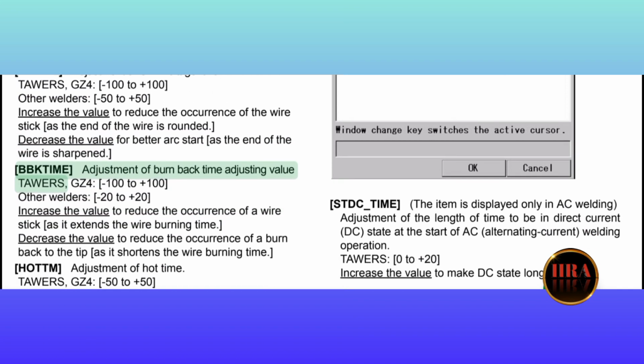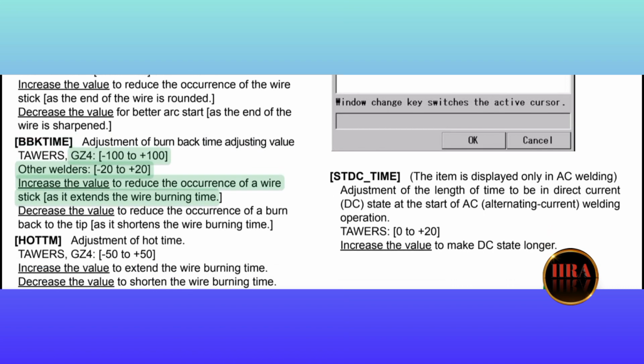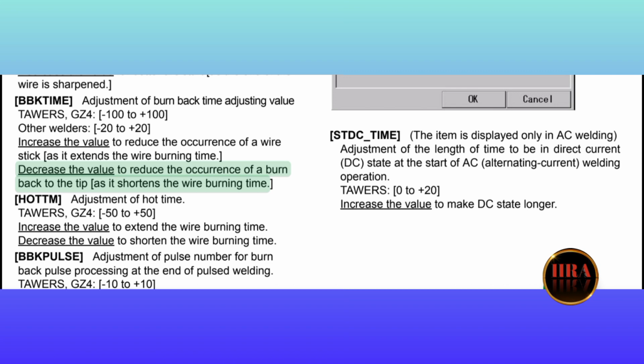BBKTIME, adjustment of burn back time adjusting value: TAWERS, GZ4, -100 to +100; other welders, minus 20 to plus 20. Increase the value to reduce the occurrence of a wire stick, as it extends the wire burning time. Decrease the value to reduce the occurrence of a burn back to the tip, as it shortens the wire burning time.